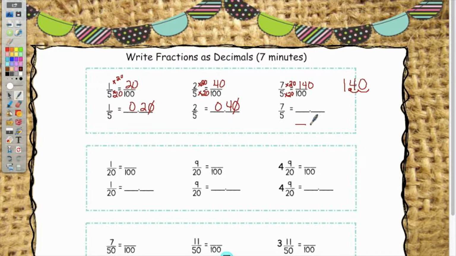If I'm talking decimal place value, the last digit I write is in the hundredths place. So I would put the 0 in the hundredths place, 4 in the tenths, and the 1 in the ones. So your answer, 1.4. Abdi, I'll do the next one. That was kind of tricky. Let's do the next one.